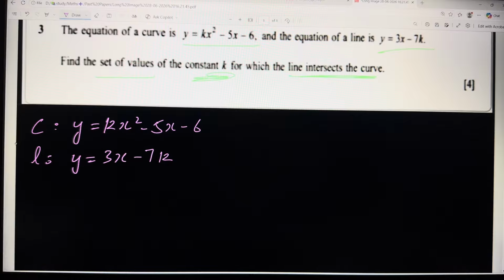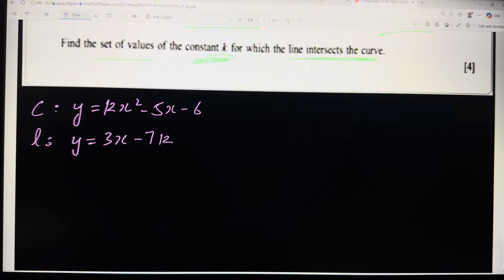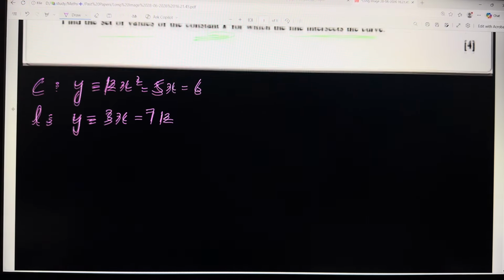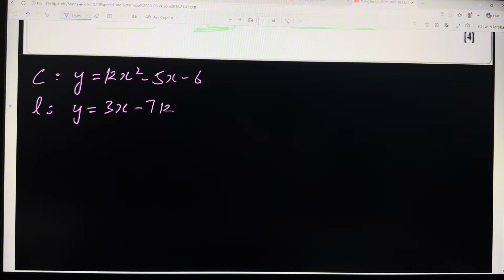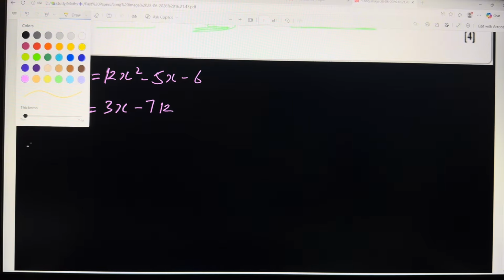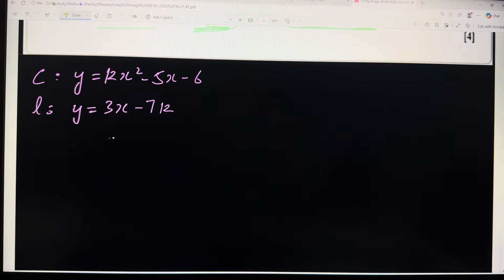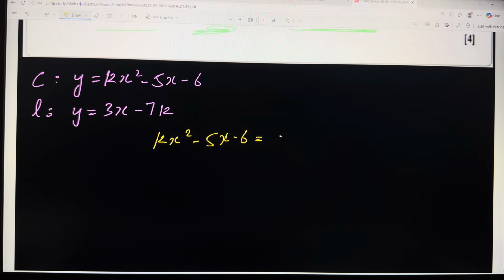Again, they intersect, so that means we will substitute them. So kx squared minus 5x minus 6 is equal to 3x minus 7k.